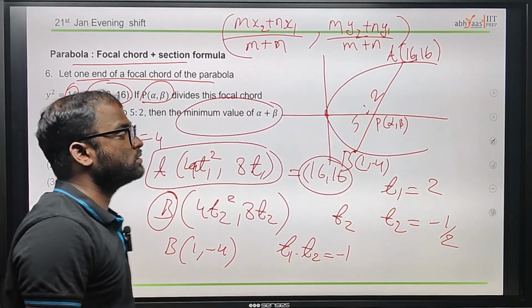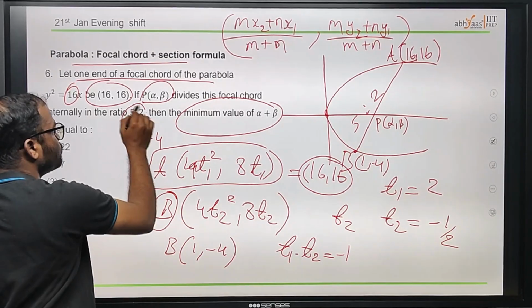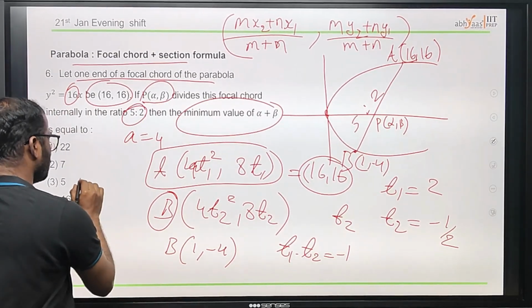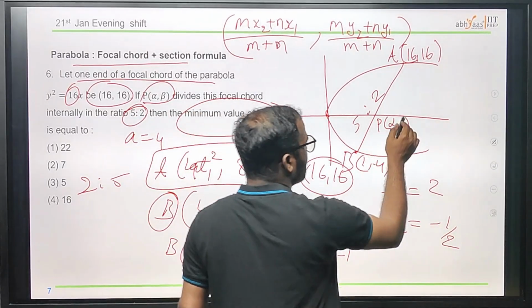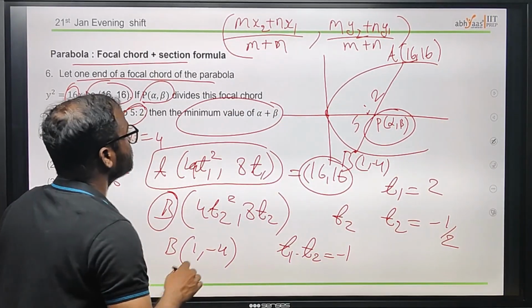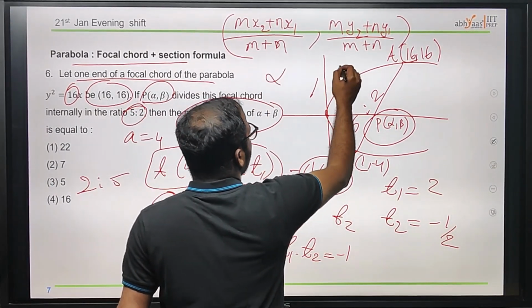This is the section formula we have to use, but not only for 5:2, we have another case which is 2:5 as well, in order to find this P of alpha comma beta, which is nothing but this alpha comma beta we need to find.